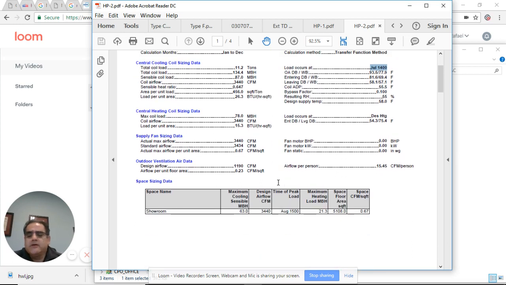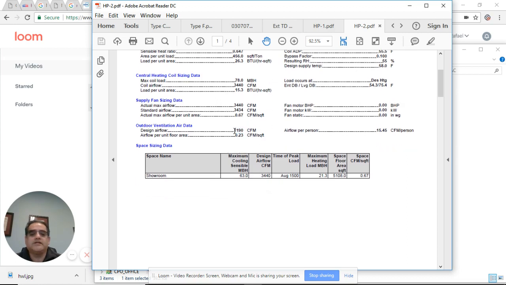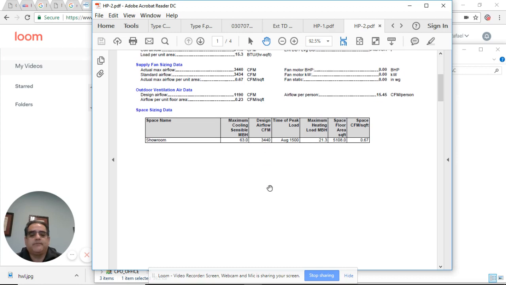So what's happening here? 1190, and let me find that number. Yeah, 1190 CFM is the outside air we put in. And so 1190 CFM of outside air and a total of 3440 CFM of mixed air. That's outside air plus recirculated air.